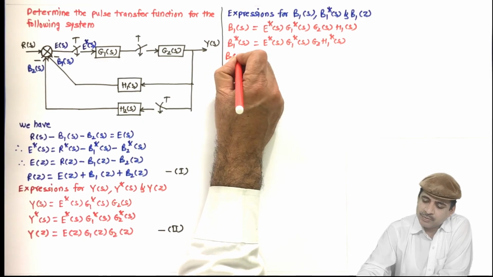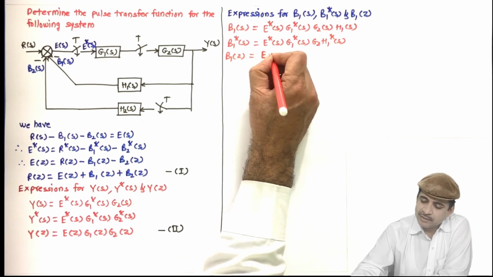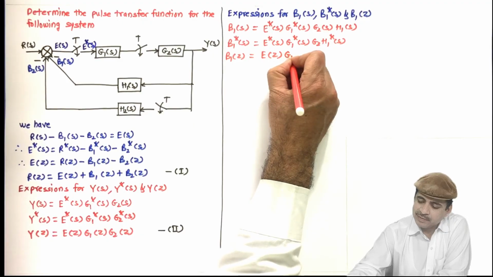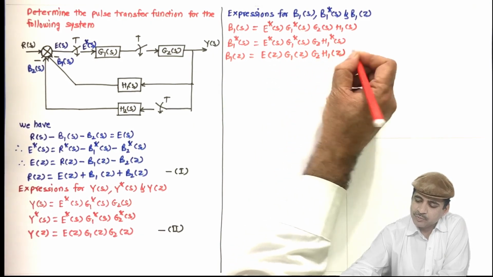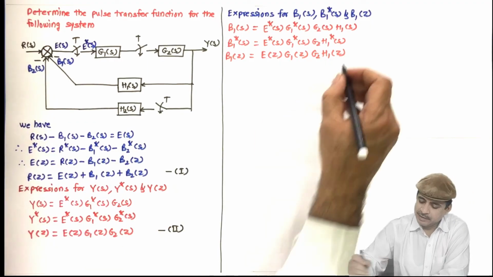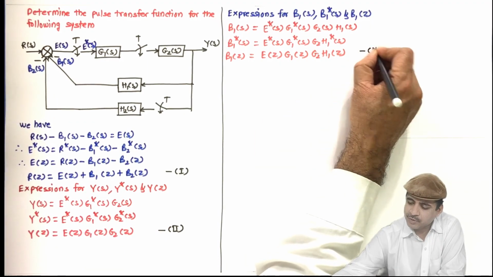So B1 of Z is equal to E of Z G1 of Z G2 H1 of Z. Done. Let us mark this as equation number 3.